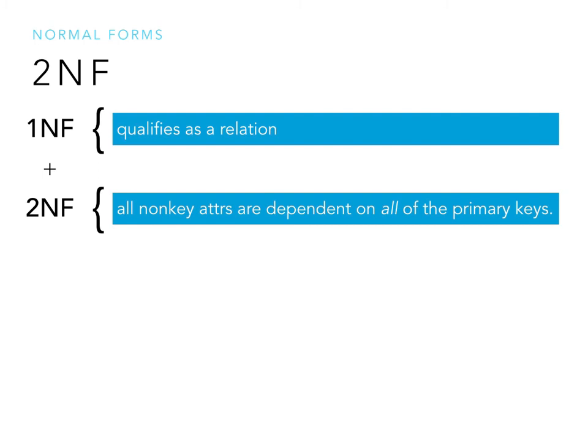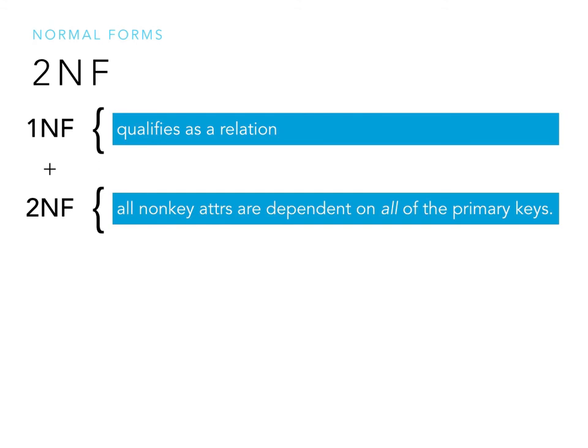We'll then create relationships between the new tables and the original tables by using foreign keys to map those together. So we're getting rid of the redundant data. And the formal way of saying this is that all non-key attributes are dependent on all of the primary keys in all of the tables. So it's all about the primary keys, and the non-key attributes, that's attributes that aren't the key, are dependent on the primary key.